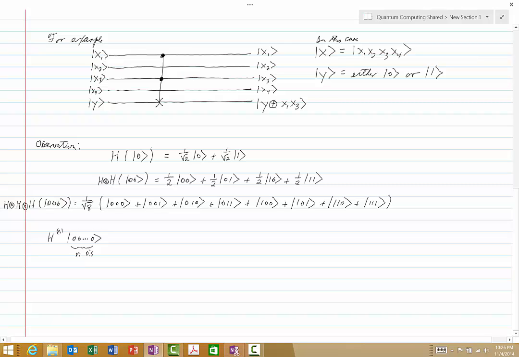But in each case, we're inputting just a single element of the standard basis, and we are obtaining a superposition of all the elements of the standard basis. And so the idea is that this is how we're going to prepare for this idea of quantum parallelism.